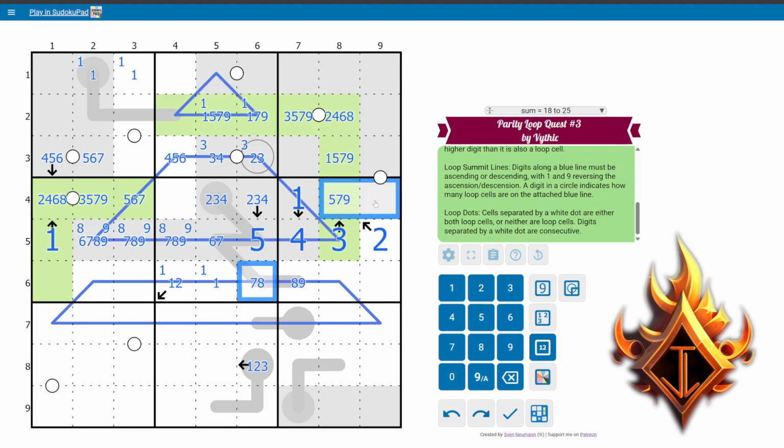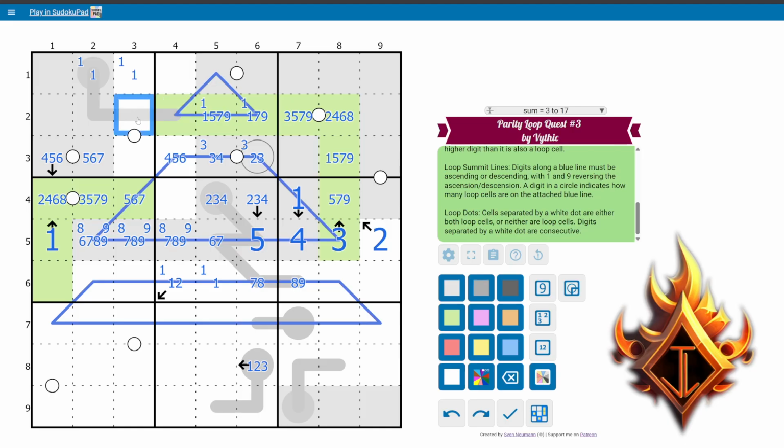Okay, so this can still be up there. If that was loop, 1, 2, 3, 4 odds, even, odd.